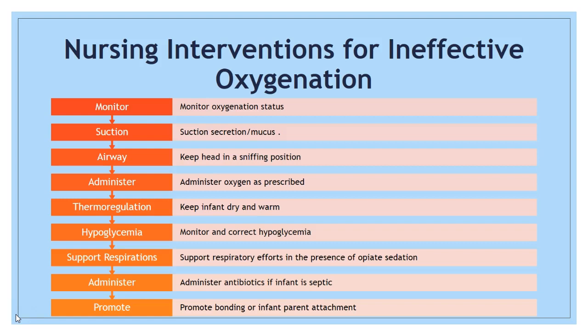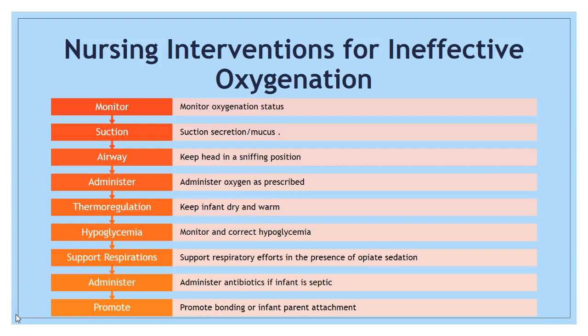If they have hypoglycemia, we want to monitor that and we want to correct it as soon as possible, again, so that we don't potentiate that triad of hypoglycemia, hypothermia, and hypoxia. We want to support their respiratory efforts, especially if they have some type of narcotics on board. We want to administer antibiotics if there's a chance that the baby could be septic or exposed to infection.